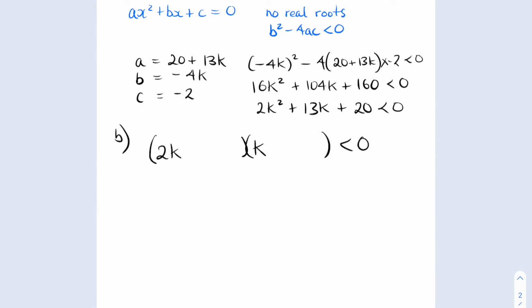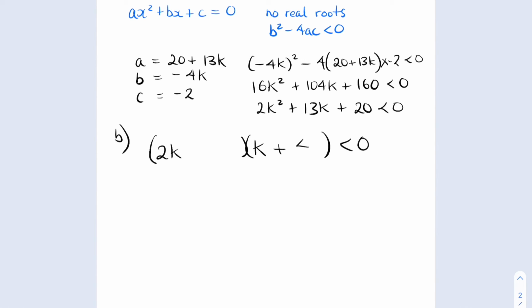In order to factorise this, assuming that you can factorise it, I know that we can, I need to put 2k in the first bracket and k in the second bracket in order to get this 2k squared term. Now the numbers that go here and here must multiply to make 20, but have to be chosen in a specific way so that you get a 13k when expanding.